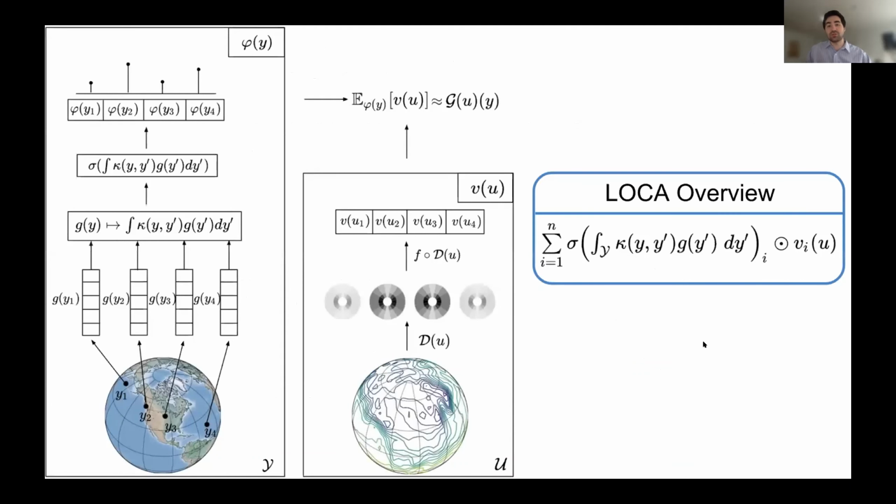So here's a picture of the overview of the model. We see on the left, as an example, let's say we're mapping one scalar field over the Earth to another. For example, we have a temperature field, and we would like to predict the pressure from that field. So we have our input field here. This gets mapped to some features, which are then shuffled around. We learn some interesting transformation of that to some informative features.